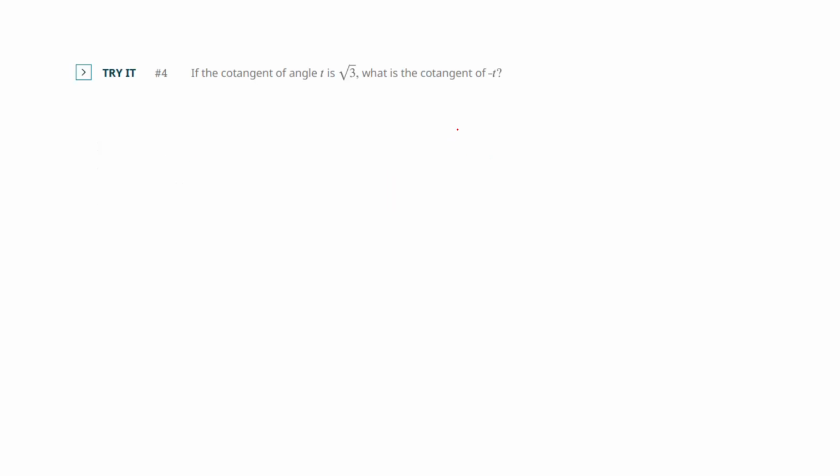Okay, so let's think about cotangent here. So cotangent of t, I guess I should do this. The original one gets us radical 3. Well, cotangent is cosine over sine. So if we put negative t in for cosine, negative t in for sine, where do we get? Cosine doesn't do anything, just goes right back to where it was before.